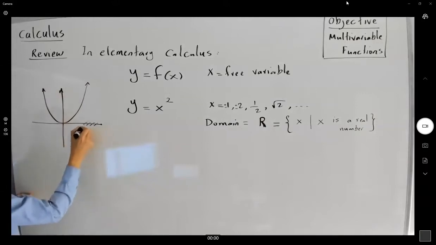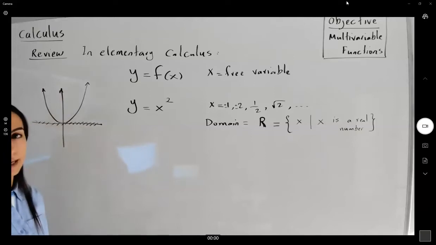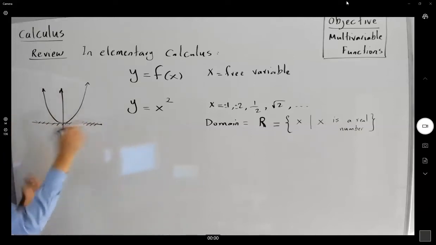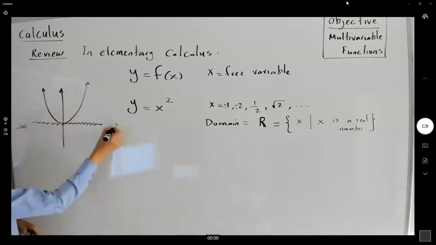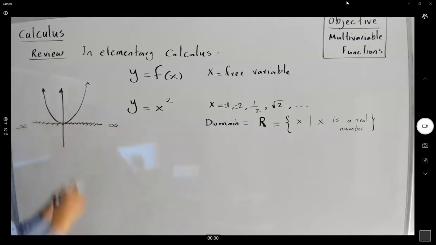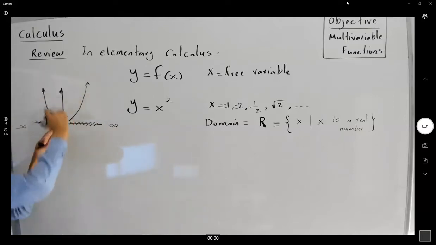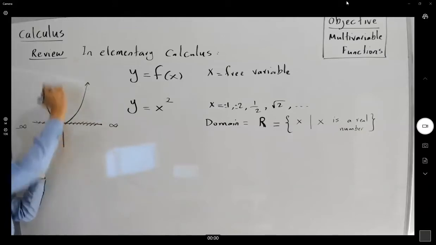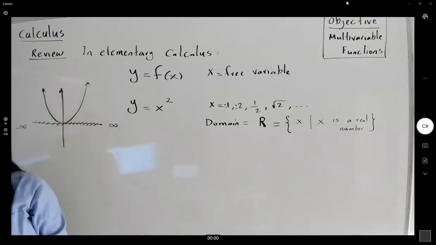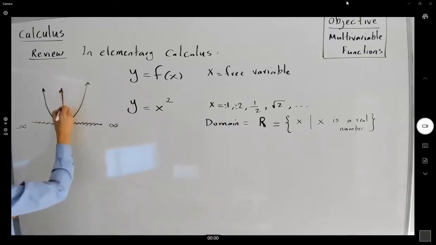The domain on the x-axis, every real number is acceptable, from negative infinity to positive infinity, but the range of the function is on the positive side of the y-axis. This is our range.